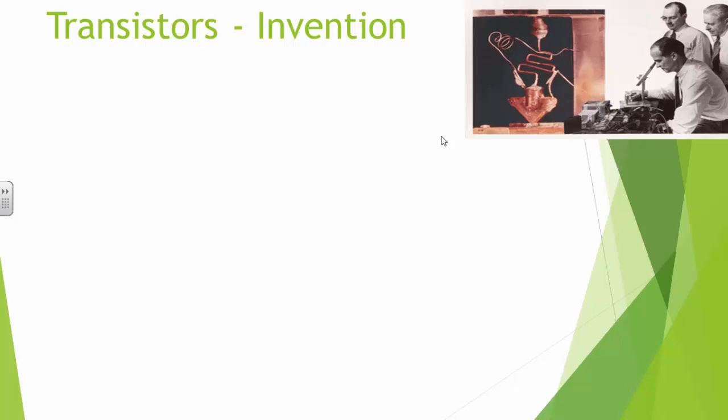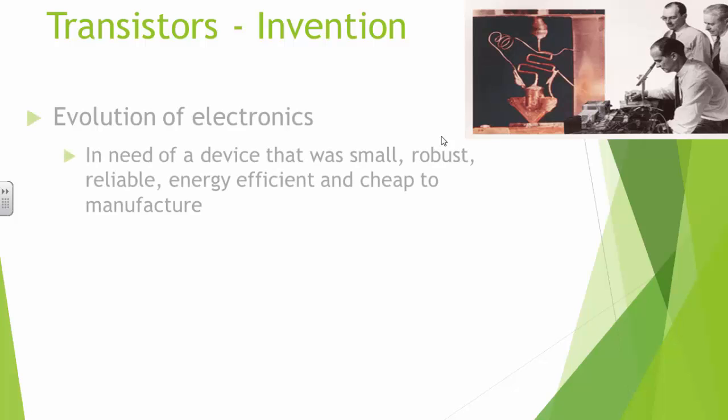But at the same time, there was a need for small, lightweight devices. And vacuum tubes were not that. So there was a clear need throughout the world of a device that was small, tough, reliable, and energy efficient, and also cheap to manufacture.